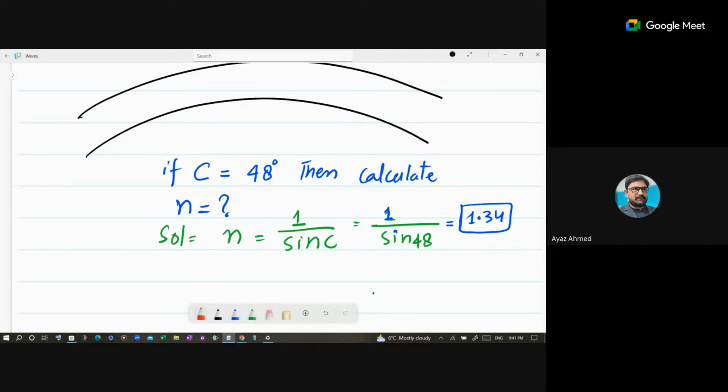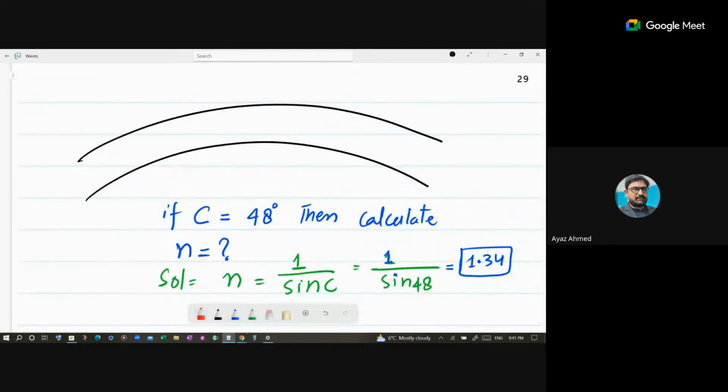So what do we do? If we incident the light over here at an angle, this angle should be greater than 48. For example, if I am going to incident the light at 50 degree, will that light get out of this optical fiber?